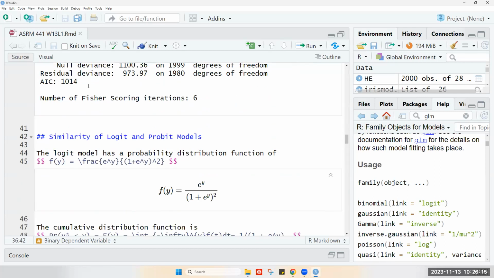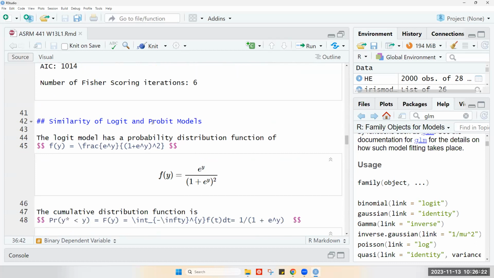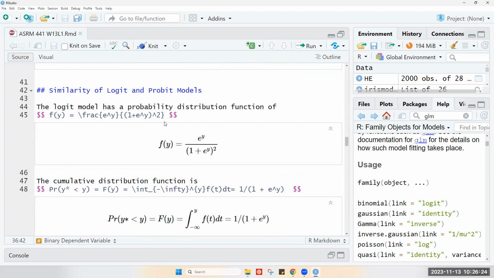The next idea that I want to talk about is really going in depth with the probit and logit models. So let's really dive deep into what the logit and probit model are. The logit model has a PDF, a probability distribution function, or density function, of f(y) equals e^y divided by (1 + e^y)^2.